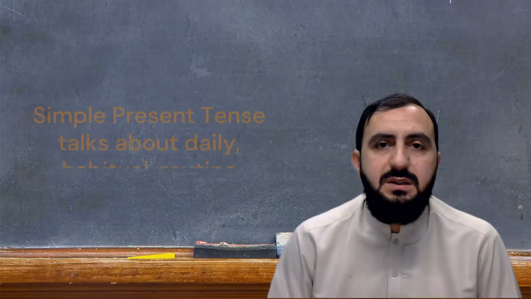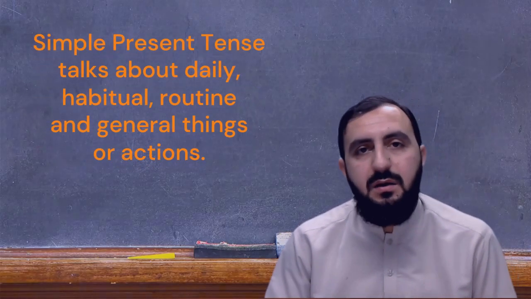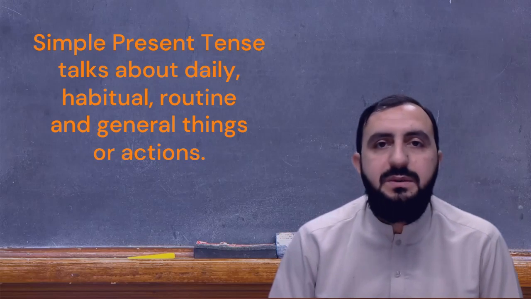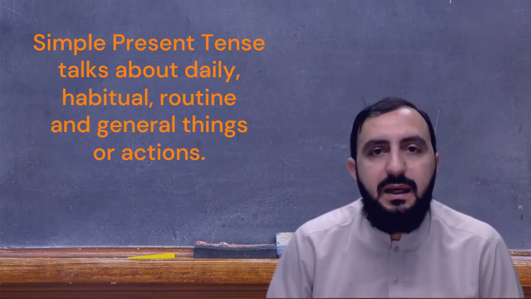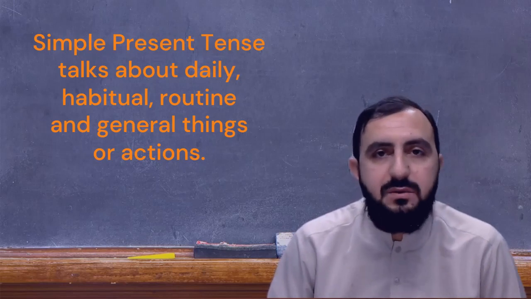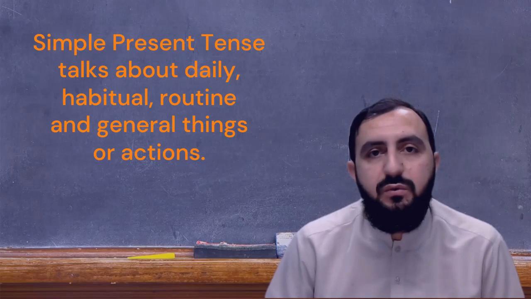Okay, so simple present tense is usually used in our daily routines and life. Simple present tense basically talks about general things, and it talks about habitual things or habitual actions. It talks about the things that we do regularly.